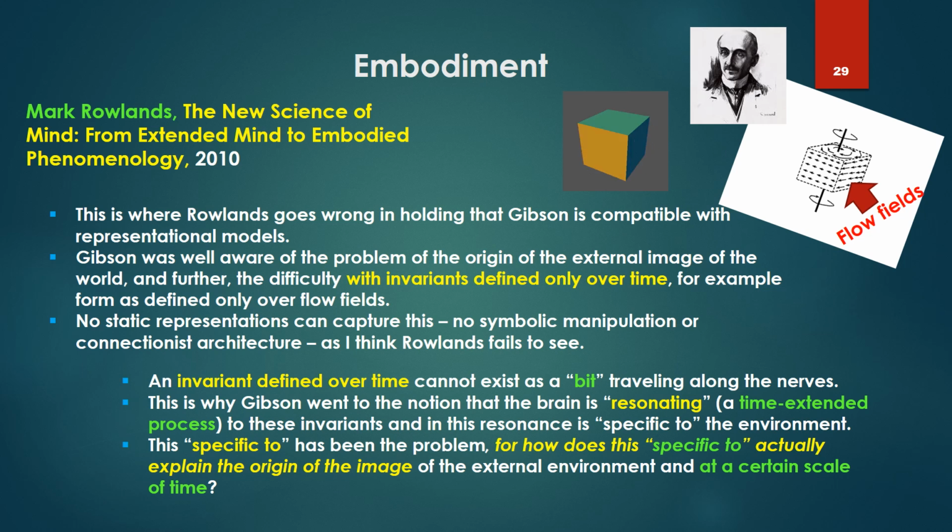An invariant defined over time cannot exist as a bit traveling along the nerves. This is why Gibson went to the notion that the brain is resonating, a time-extended process, to these invariants.